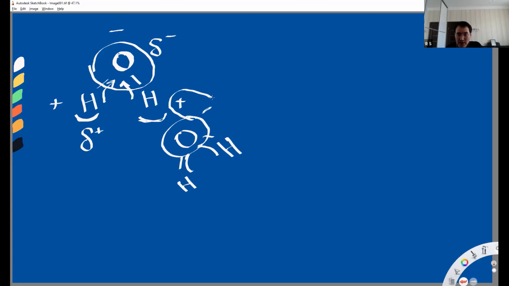These two, plus and minus, get together, and that's what we call a hydrogen bond. And the thing is, it's very weak. That's why we don't need a lot of energy to split.